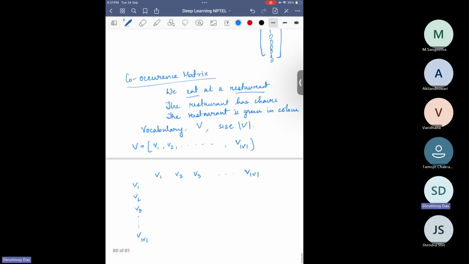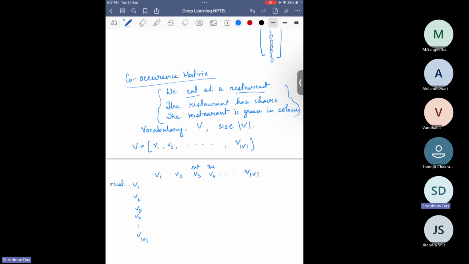So suppose my word V1 is restaurant, and suppose V3 is eat, and suppose I have a V4 here, and V4 is the. So my vocabulary will have all of these words that are given in these three sentences. And now let me see how many times restaurant occurs with eat.